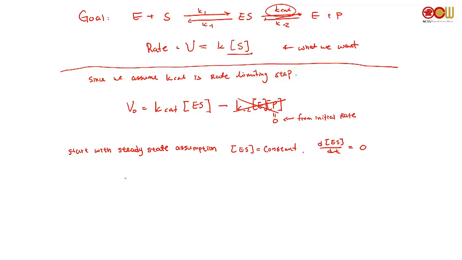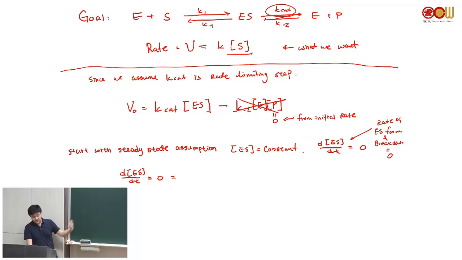So then we have d[ES]/dt, which is just the rate of ES formation and breakdown, equal to 0. So the change of ES concentration over time is equal to 0.